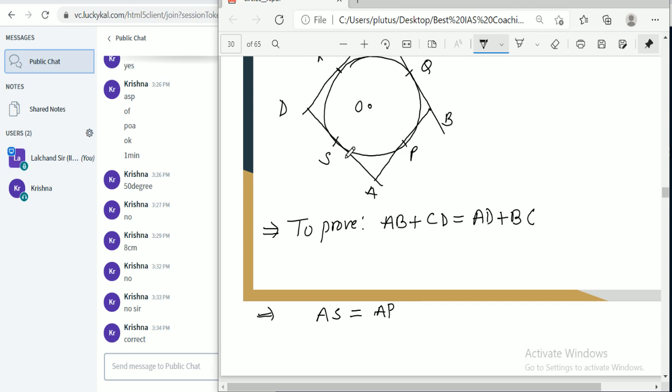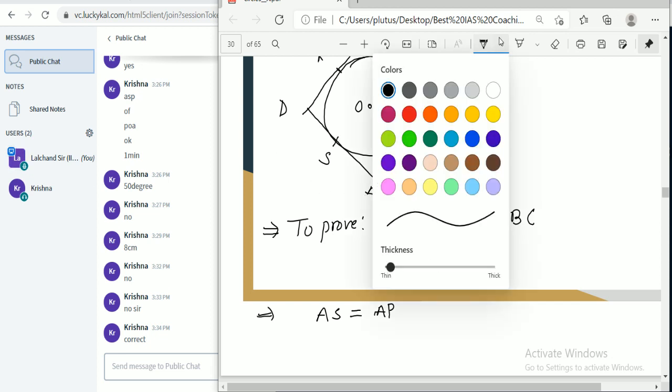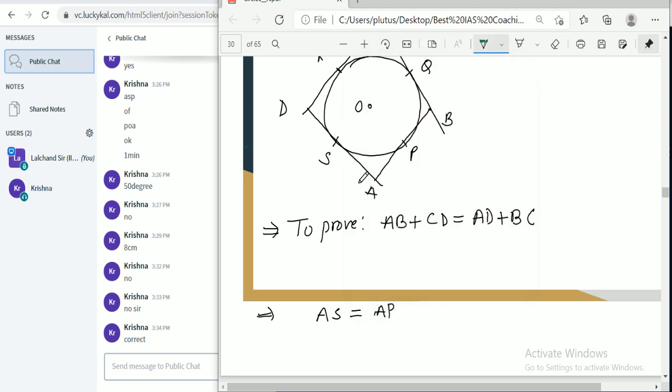Because these two are tangent from this external point A. This is the external point A, and these two are tangent. So we can say this is equal to this. So this is equation 1.